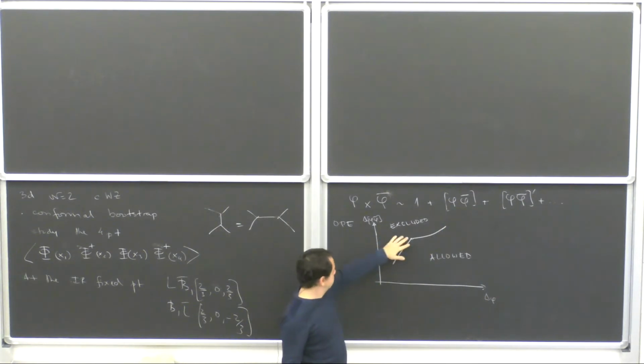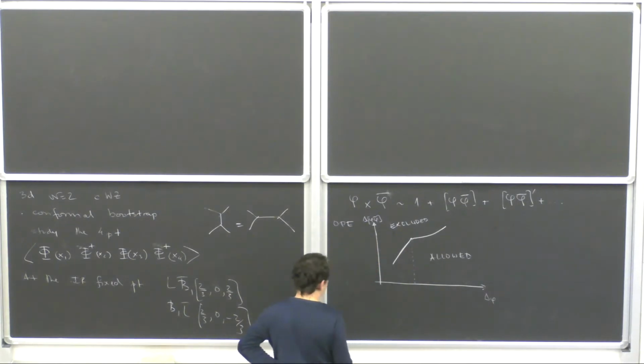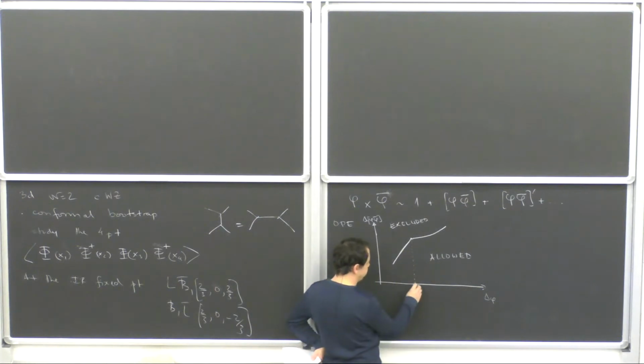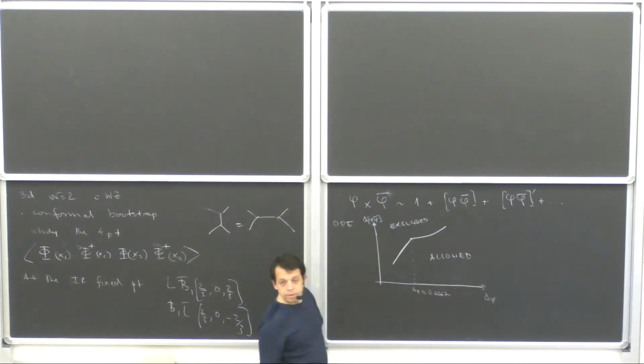And where is the location of this point? And then what we found in this context, in this specific example with N=2 supersymmetry, is that this value is at delta phi approximately this number within some accuracy.